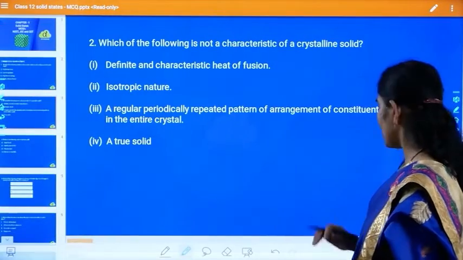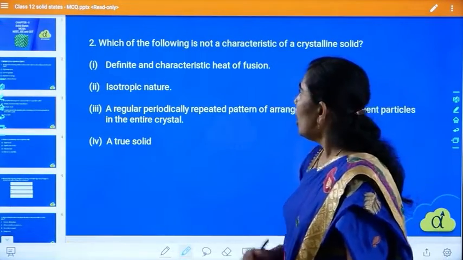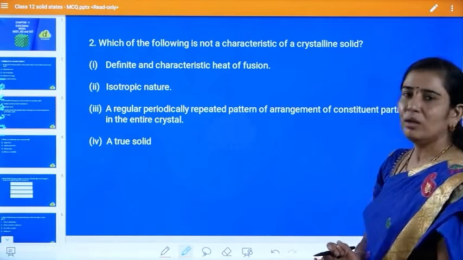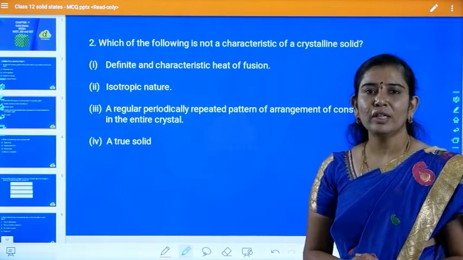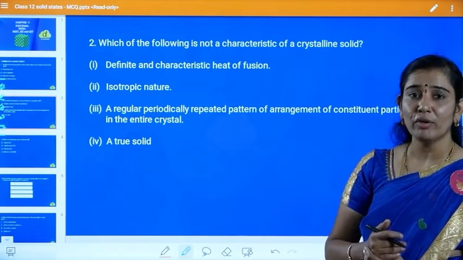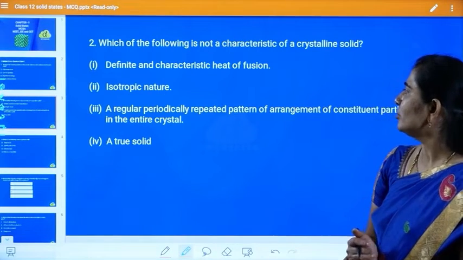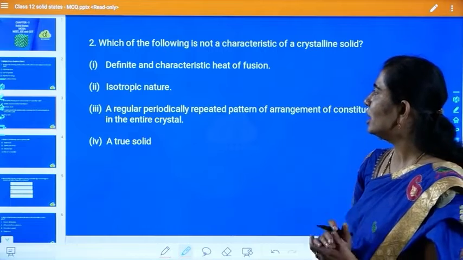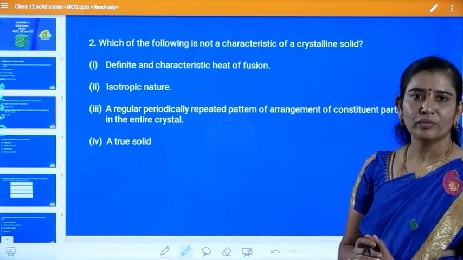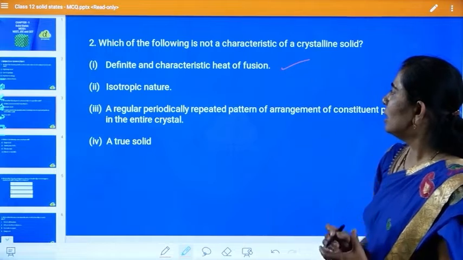What is the second question here? Which of the following is not a characteristic of a crystalline solid? For that, you have to recall the explanation I have given for the crystalline solid. For the crystalline solid, definite and characteristic heat of fusion, of course, right?